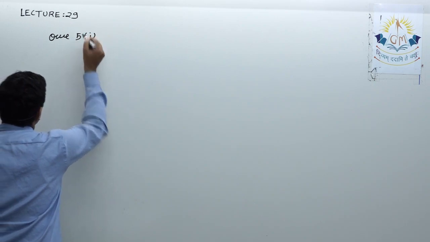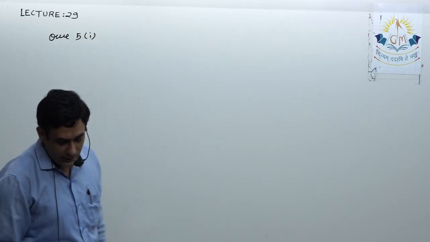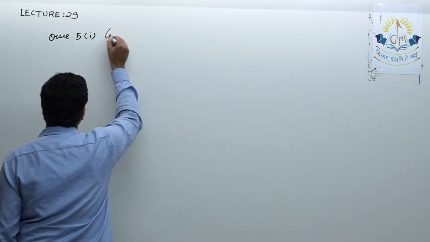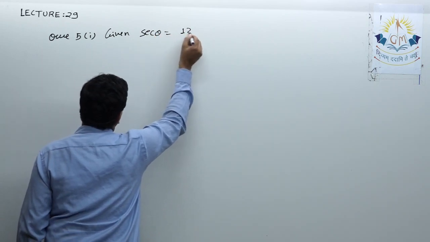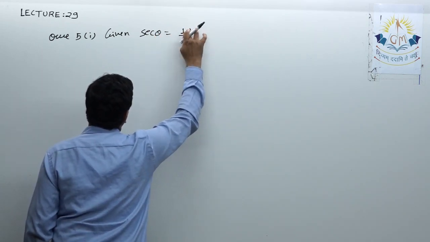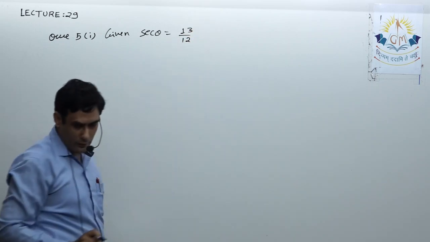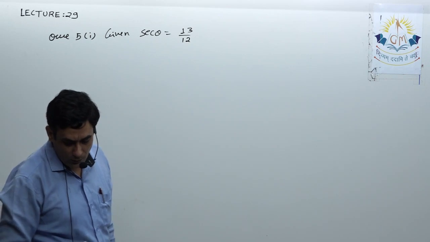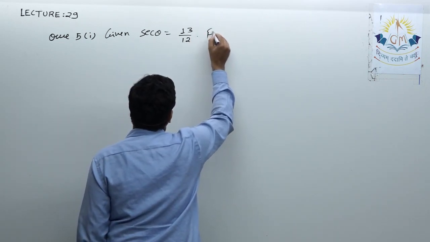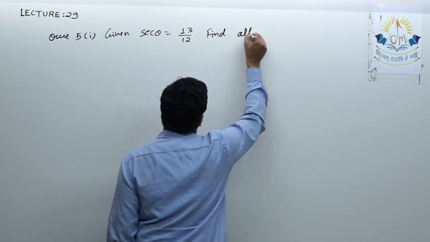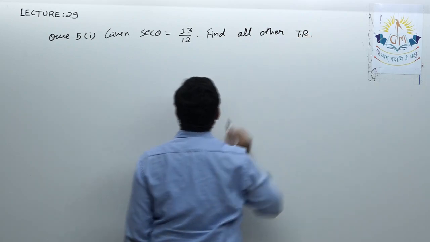It says: given sec theta is equal to 13 upon 12, calculate all other trigonometric ratios. Find all other trigonometric ratios, that we have to find.